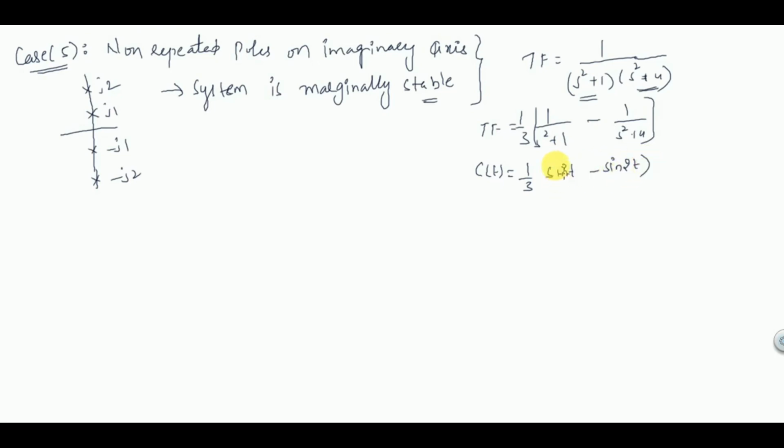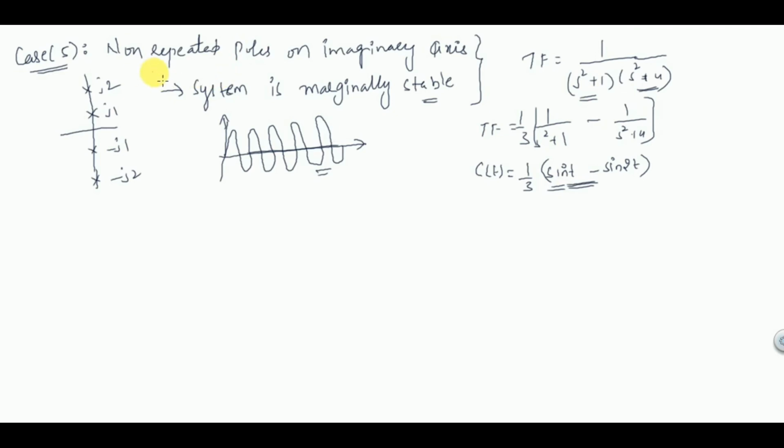So sin t minus sin 2t is still in terms of sinusoidal signals only, so the output will be a constant amplitude and frequency of oscillations. Of course there will be some shift here, that is not a big problem, as we are discussing only stability.